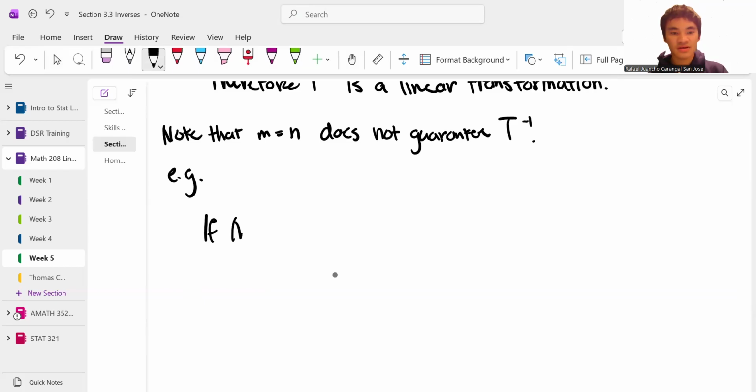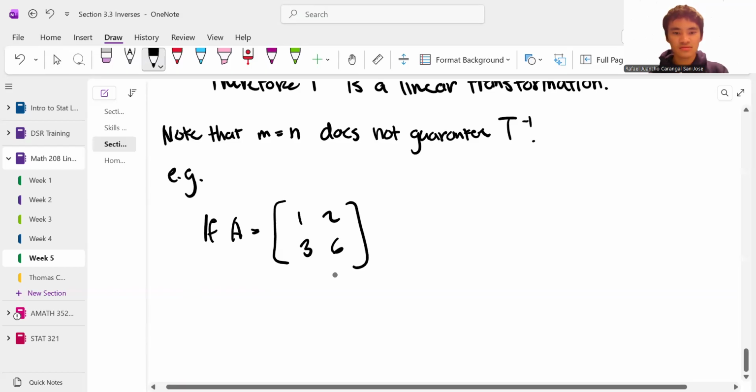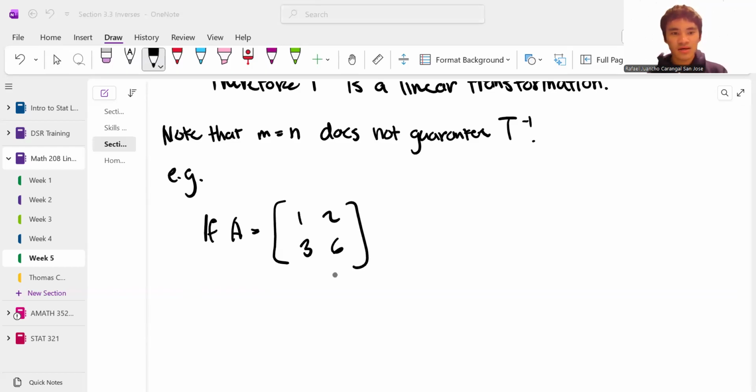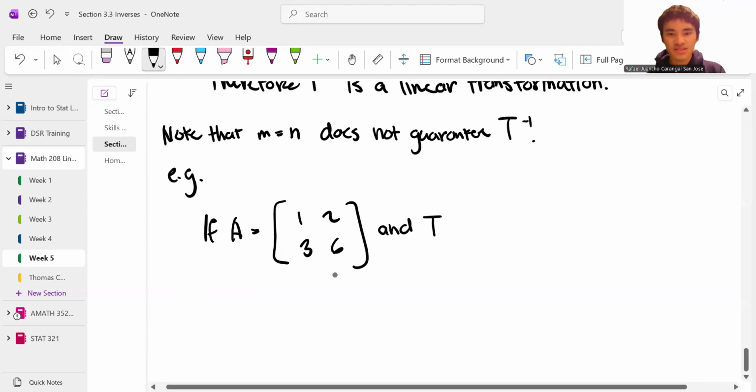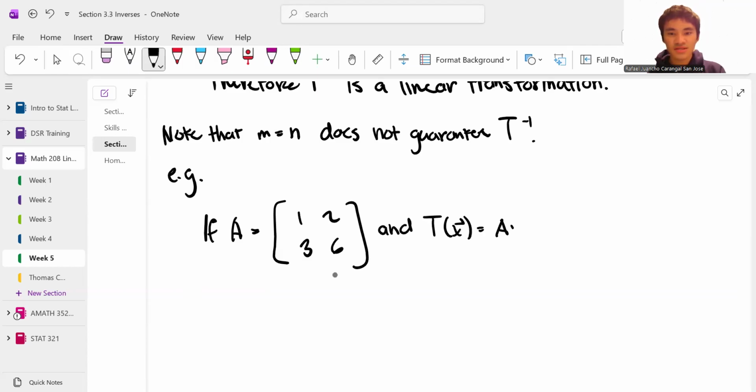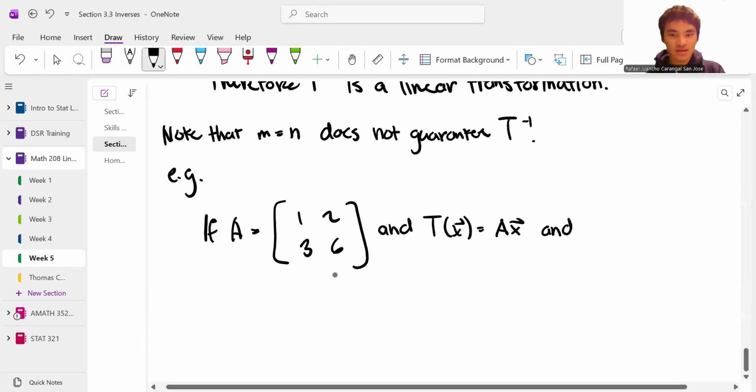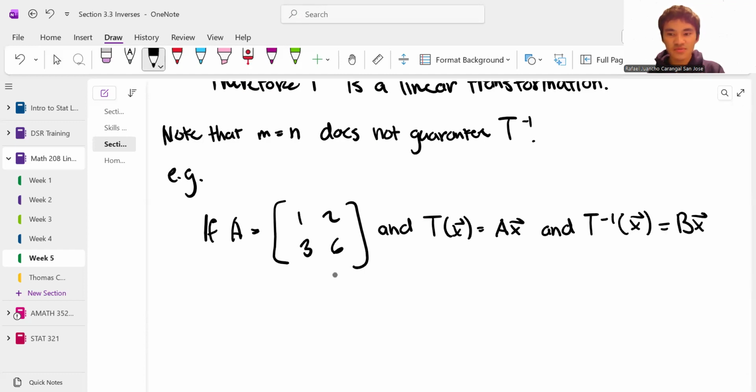So if A has these entries, and we say this T inverse is the same as the matvec, and let's say that the inverse is also going to be a matvec. Let's do a B matrix. We could do any, to be honest. What else can we say? We say that M and N are equal, right?